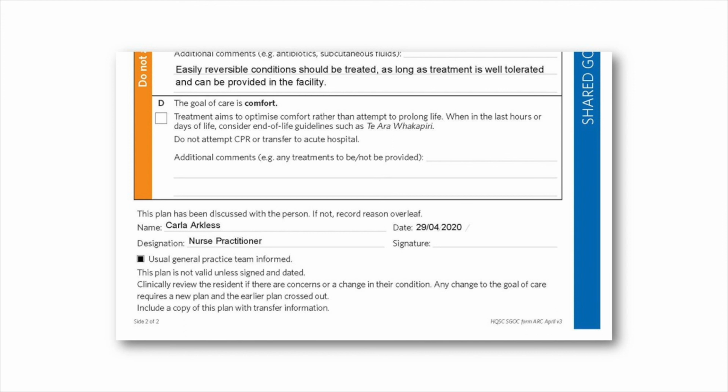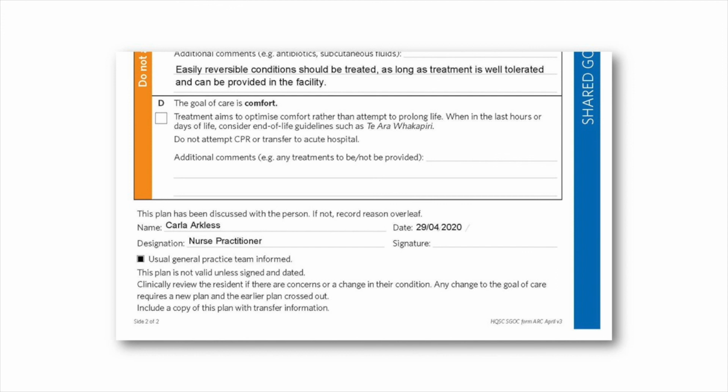I'd specifically want to review the wording in Goal C with her, and because we didn't specifically talk about hospitalisation, this is an opportunity to touch on that and to talk in more detail if needed about the fact that hospitalisation often causes distress for people with advanced dementia, and that focusing on treatment that can be provided in the facility would more closely align with the primary goal of maintaining quality of life and comfort. Of course, if that can only be achieved by hospitalisation, then that would be considered.